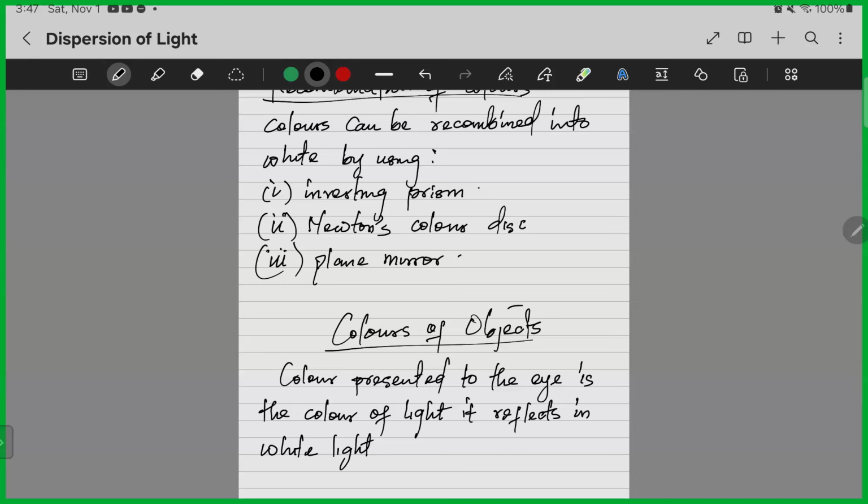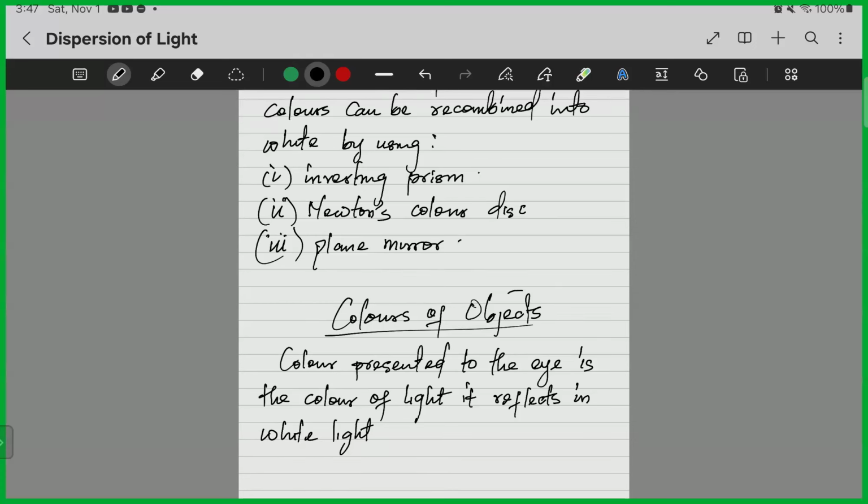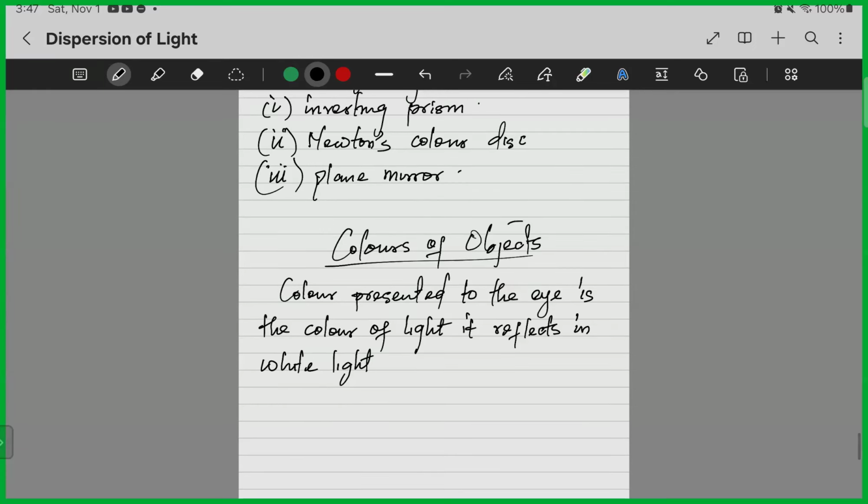So color presented to the eye is the color of the light it reflects in white light. So just get that point. Whatever you see is a reflection of that particular thing in white light.